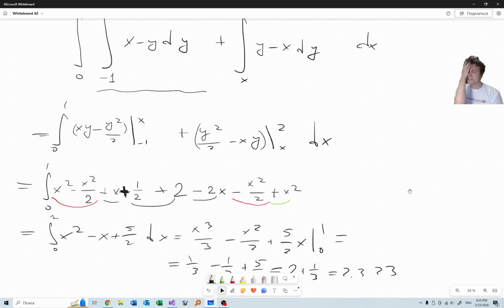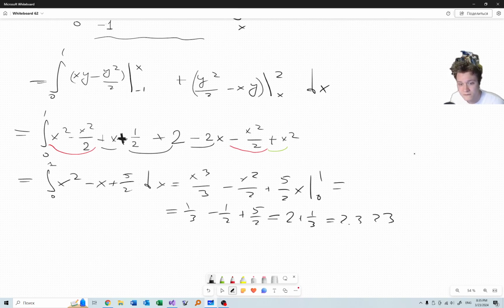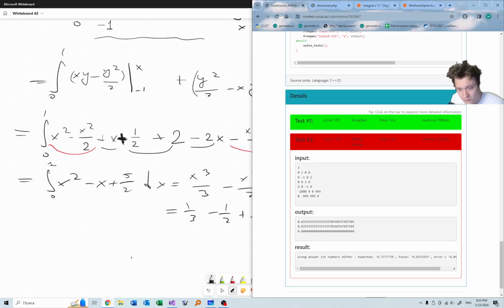I need to divide it by 3. I need to divide by 3 because the product of the lengths of these two segments is 3. So when I divide it by 3, I get 0.7777, and this is already correct. However, instead of 7/9, I gave, no, is it the same?